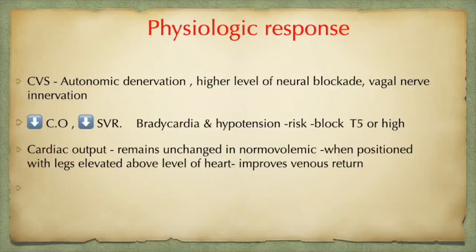Cardiac output, however, gets compensated. It remains unchanged in normovolemic patients. It is facilitated when the legs are elevated above the level of the heart, which improves the venous return and thereby improves the cardiac output.